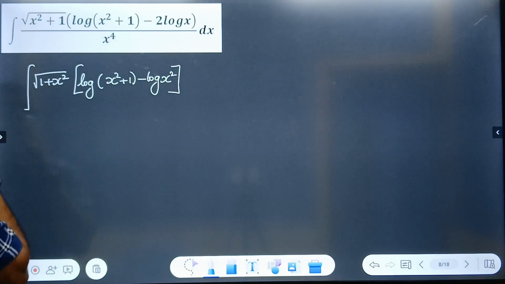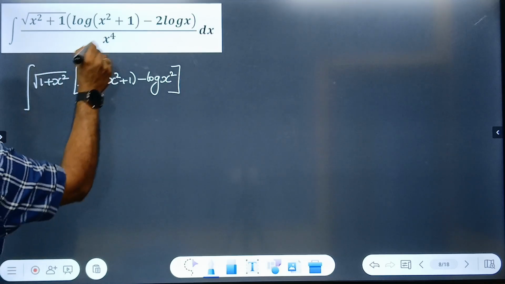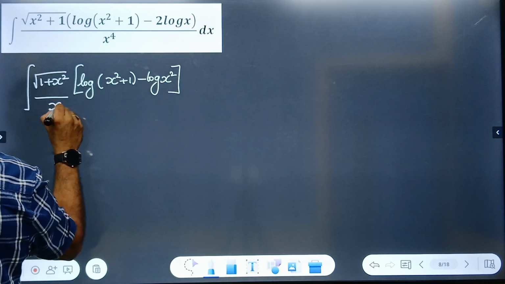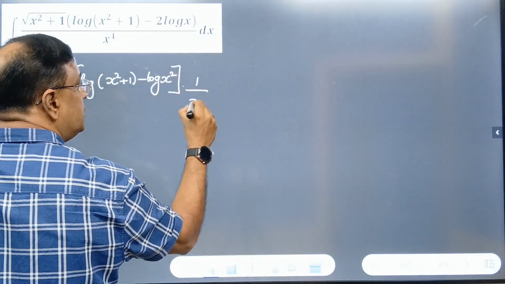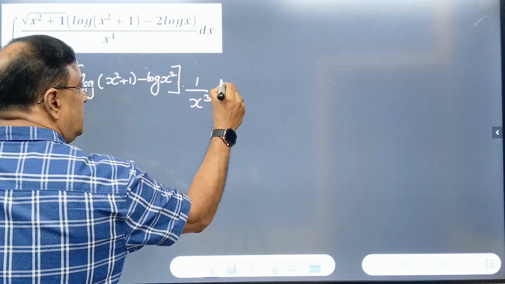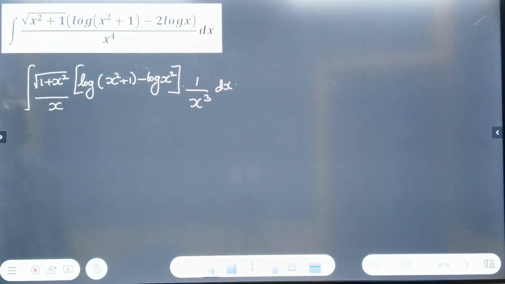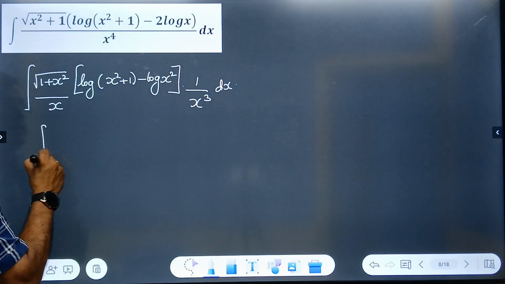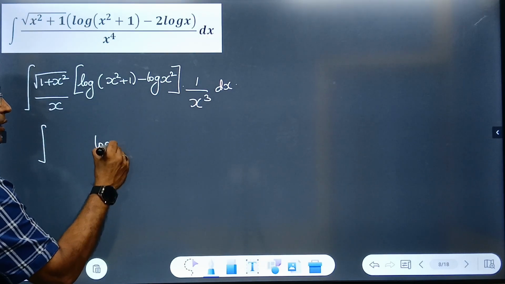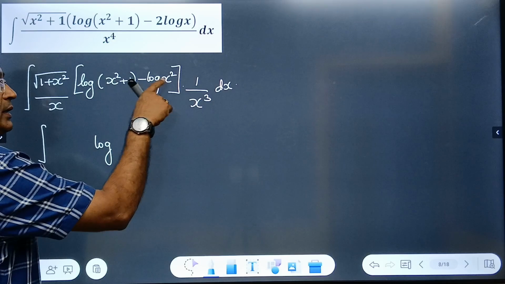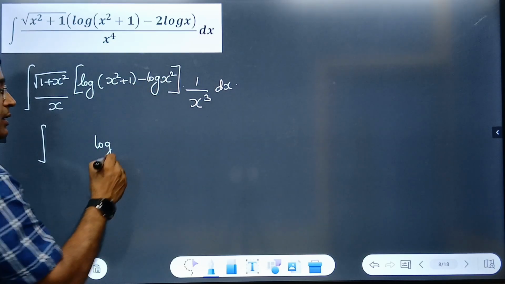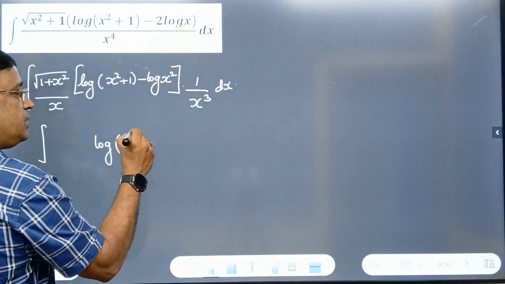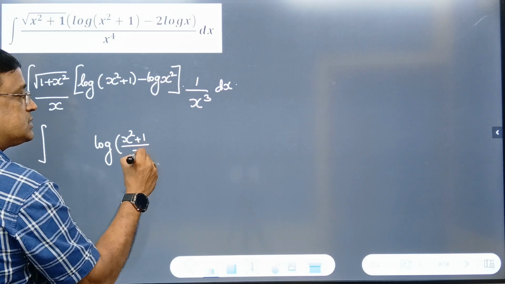And in this problem what I do, I write this x power 4 as x into x cube. Okay, that's a very important step. I'm writing it as x into x cube. Now this is integral log of, what is log m minus log n? Log m by n. So it is x square plus 1 by x square.